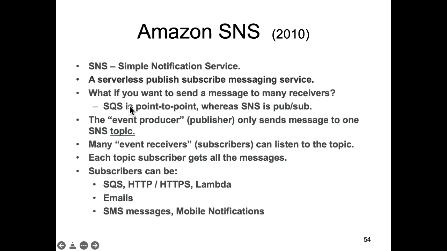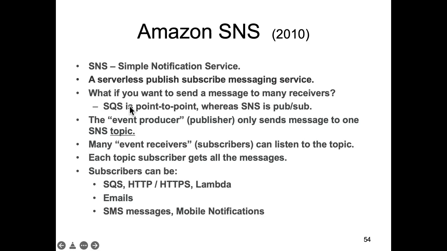Now, when you've got a situation where you want all of the consumers to see the message and process it, then you revert to using the SNS service instead. A bit like SQS, with SNS you've got an entity that is writing messages onto an SNS topic. We don't refer to them as queues, we refer to them as topics.